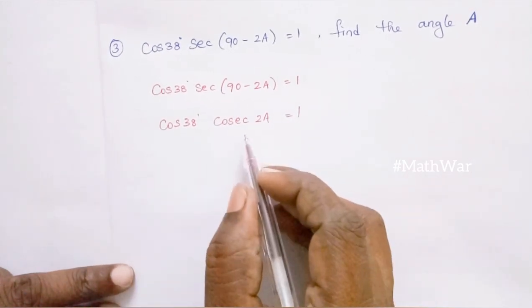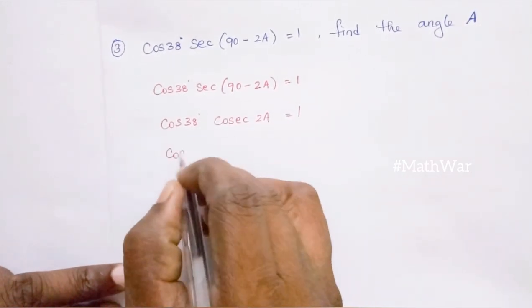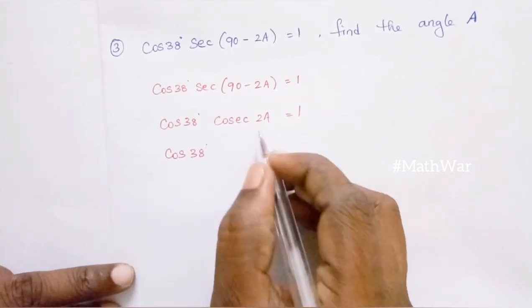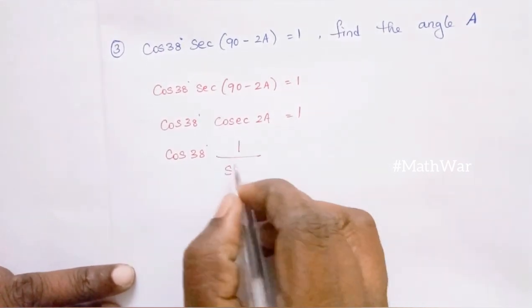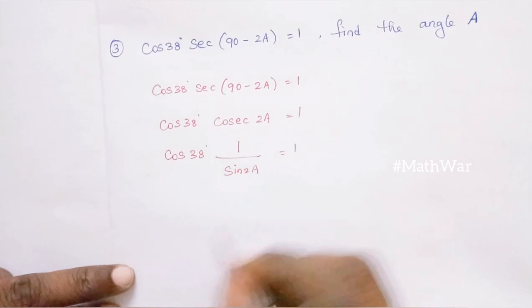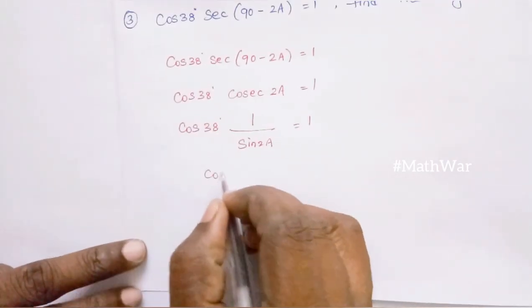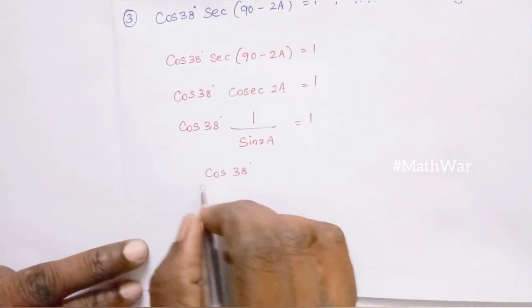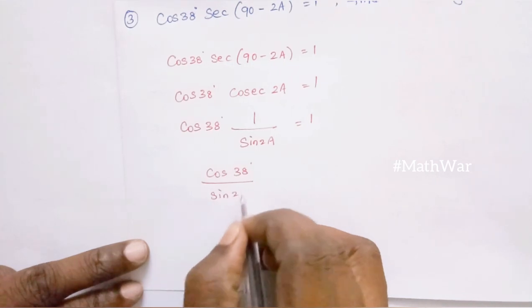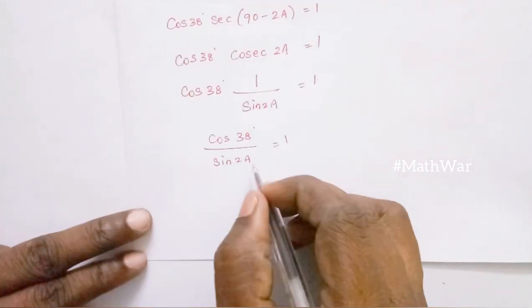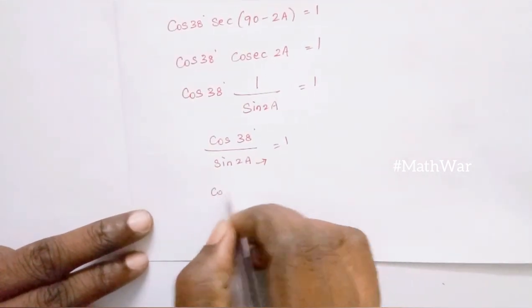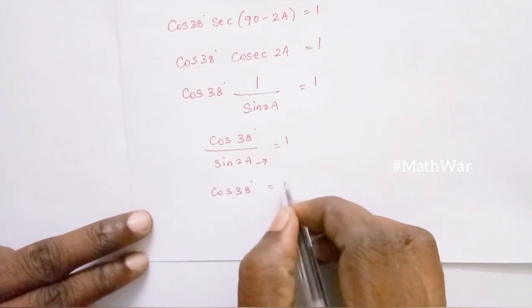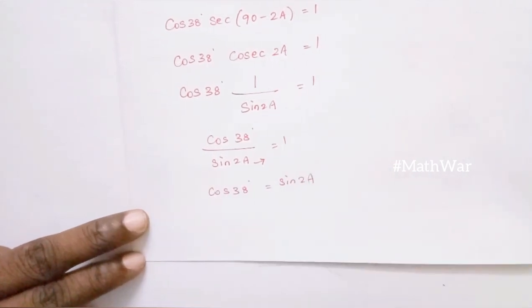Cosecant theta is nothing but 1 by sin theta, so it can be written as cos 38 degree by sin 2A equal to 1. Now take that sin 2A to that side. So cos 38 degree is equal to sin 2A.